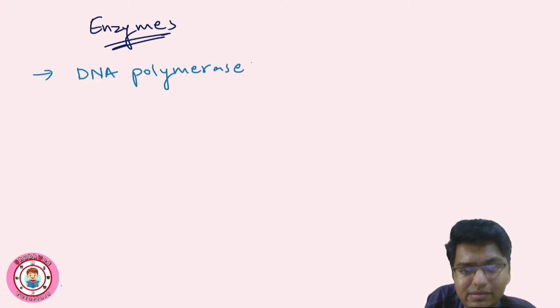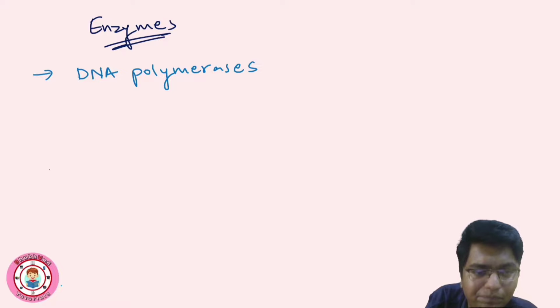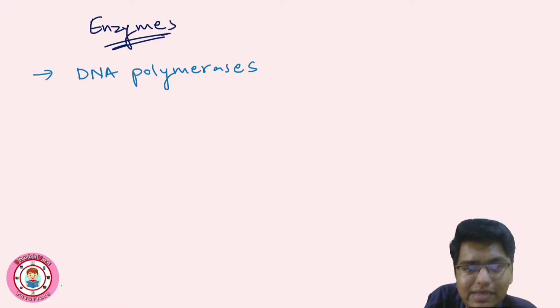DNA polymerases are of different types: type 1, type 2, type 3, type 4, type 5. All are important for DNA replication, and each has its own function. From the name, we can understand this is a polymerizing enzyme that adds nucleotides.